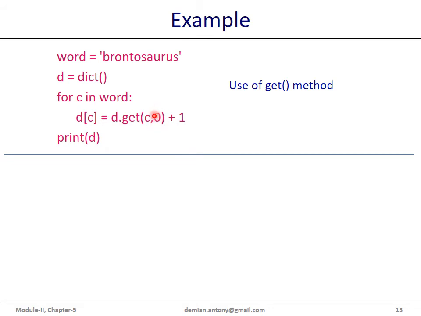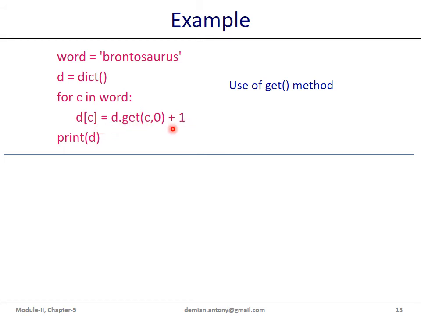If the key is not present in the dictionary, it is the first appearance, and the existing frequency is 0, and the new key, that is this new letter's first appearance, will be inserted into the dictionary with the value 1, because this get C comma 0 will return 0 as the letter is not found in the dictionary, and thus we assign or initialize the counter value with 1.